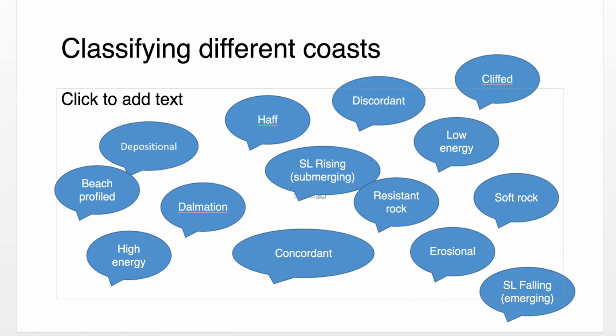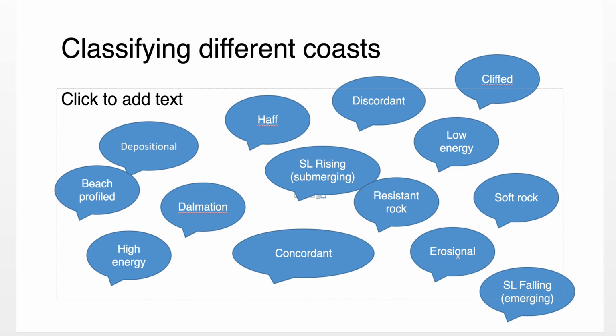Here are some ideas that people come up with for how we might classify coasts. We've got cliffed coasts, which basically means coasts that have cliffs, as opposed to beach profiled coasts where they've basically got a beach. We might see an erosional coast where mainly material is being taken away.